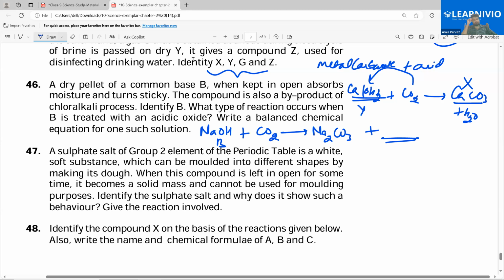Not hydrogen gas, sorry, H2O. Why? Because it is a base and that is an acid. So acid plus base gives salt and water. Understood? You can balance it by putting 2 here. Done?